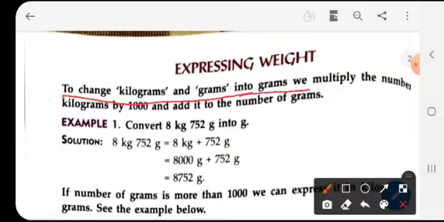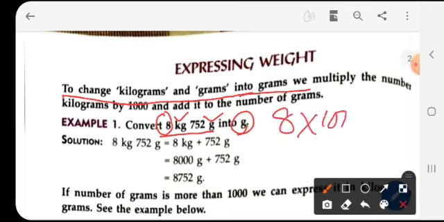Now here is a sum, that is 8 kg and 752 grams into grams. Now this is already in grams and this is in kilograms. So this number is to be converted into grams. So what will we do? We will multiply 8 with 1000. It will be 8000. Right?